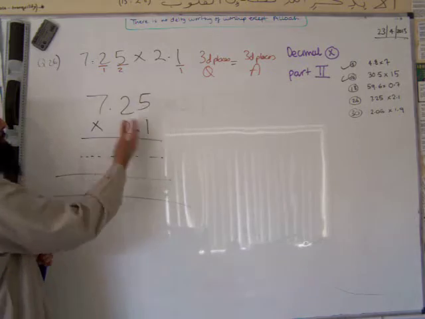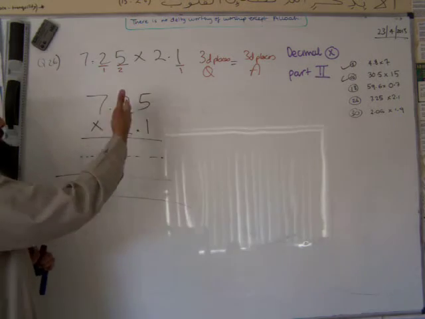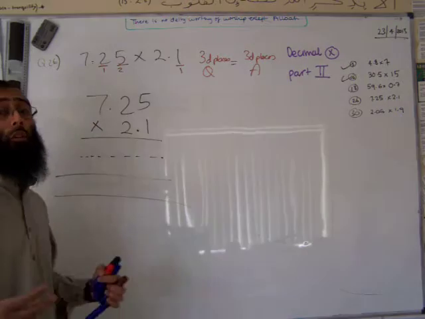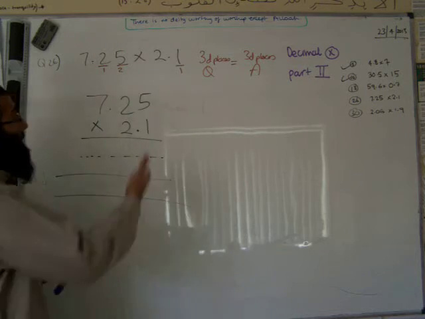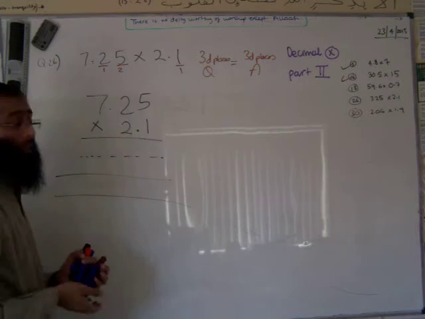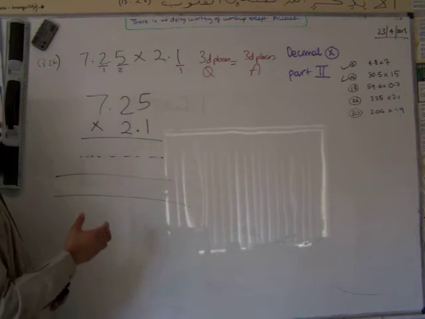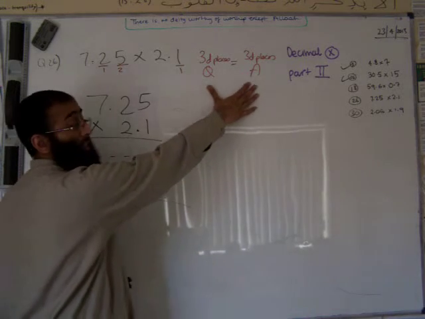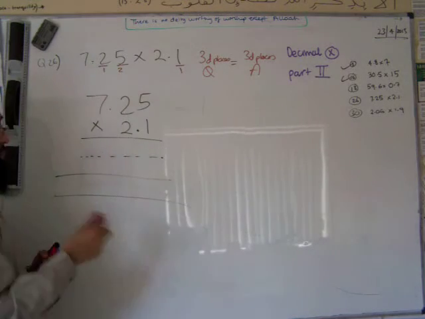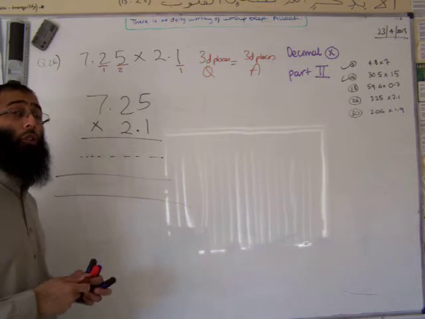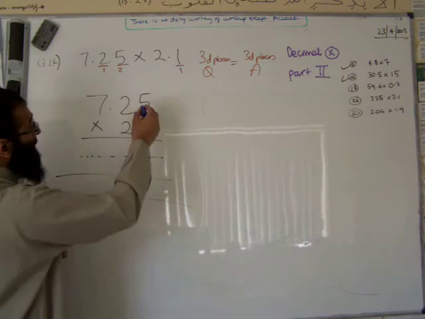We just line up the columns, we just line up the numbers so they look like a normal long multiplication question with the columns lining up on the right hand side. Now we've made a statement that we've got 3 decimal places in our answer, so I'm going to do mine now. You can do yours after you've done your answer to make sure you move it to the right place.